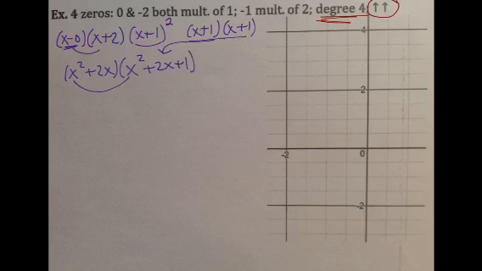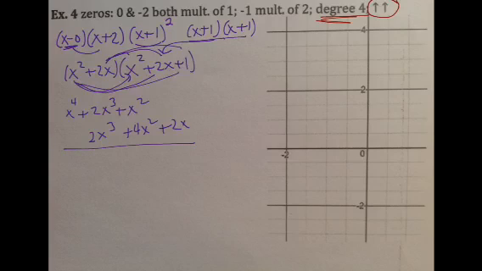Okay, so this times this is x to the 4th, then times that is 2x cubed, and then times that is x squared. Then I move to the next term right here. That's 2x cubed. This one times this one is 4x squared. And then this one times this one is 2x.